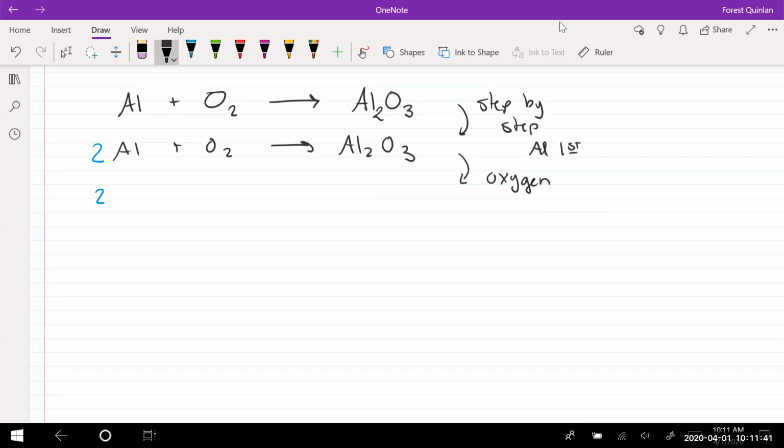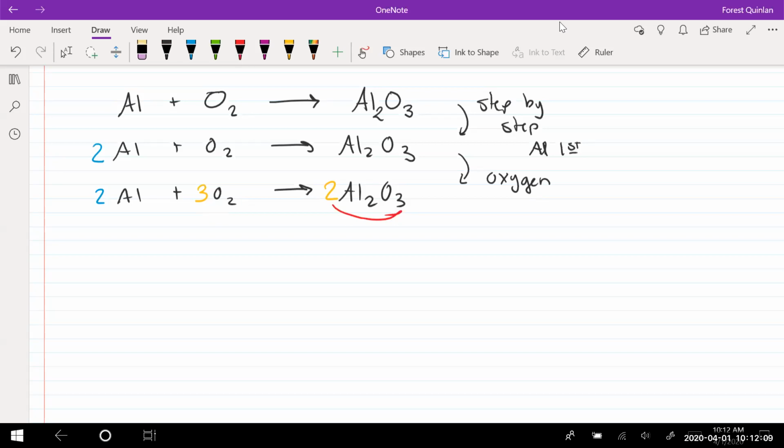So I have 2 aluminums plus 3 oxygens going to make Al2O3, but now we need 2 of those. So hopefully you see that 3 times 2 is 6 and 2 times 3 is 6 oxygens.